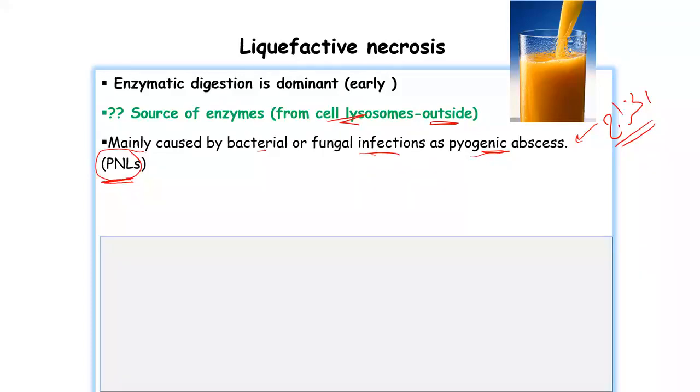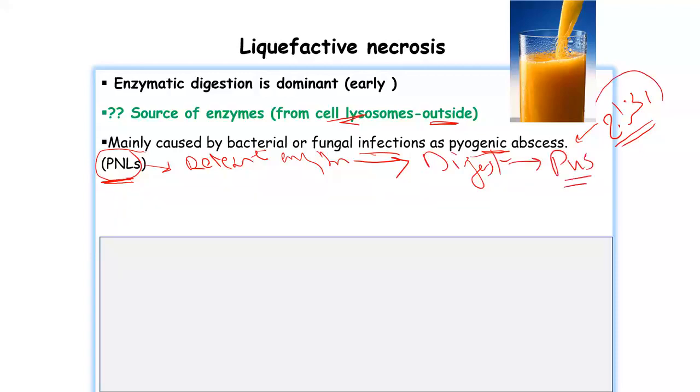In this abscess, I have a bacterial or fungal infection, and a very large number of neutrophils come in. A lot of neutrophils come in the pyogenic abscess, and these neutrophils will release a lot of neutrophilic enzymes.